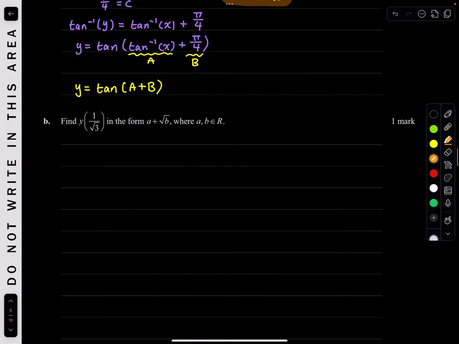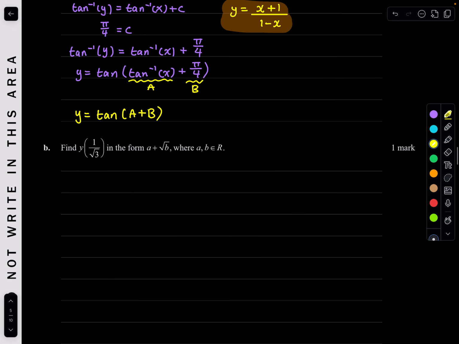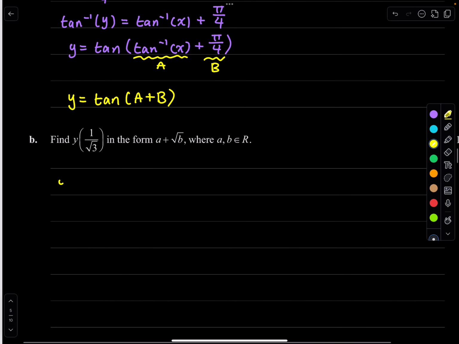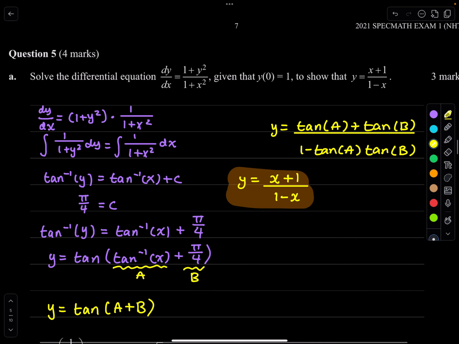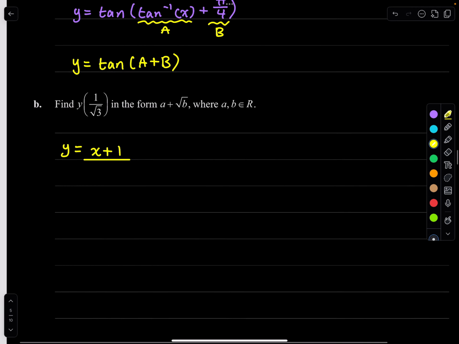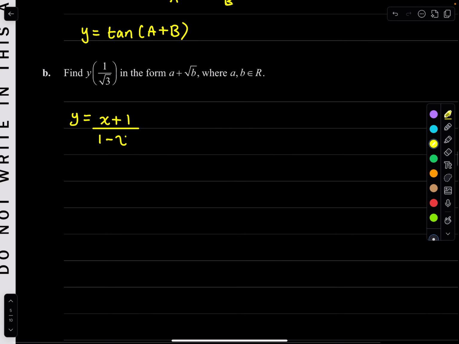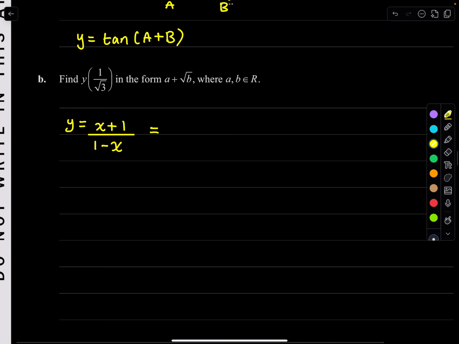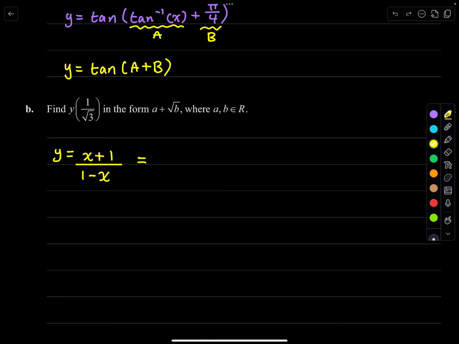Next question. Find y of 1 over root 3 in the form of this. Okay. So yeah, we just sub that into our formula. So y is equal to what? x plus 1, all over 1 minus x. So if I'm subbing in 1 over root 3, I'm going to rationalize it right now, so this becomes root 3 over 3.